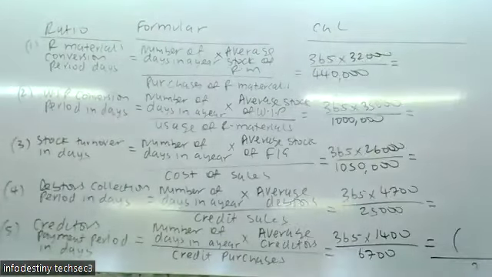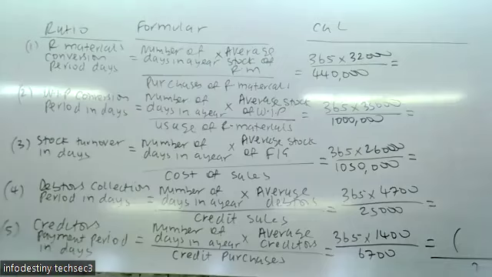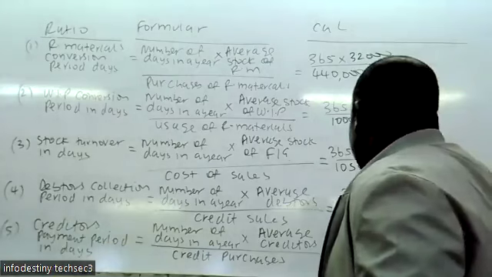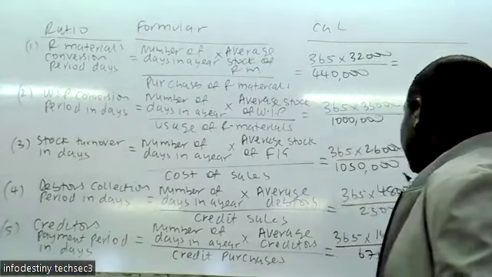Then debtors collection period in days, number of days in a year, average debtors. So average total debtors, you see at the start of the question, they gave you 48,000. When you check up there, they have given you average total debtors outstanding. So this one, the question has given you 48,000.